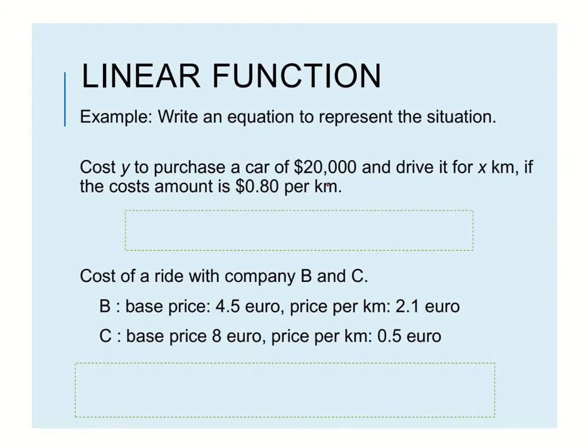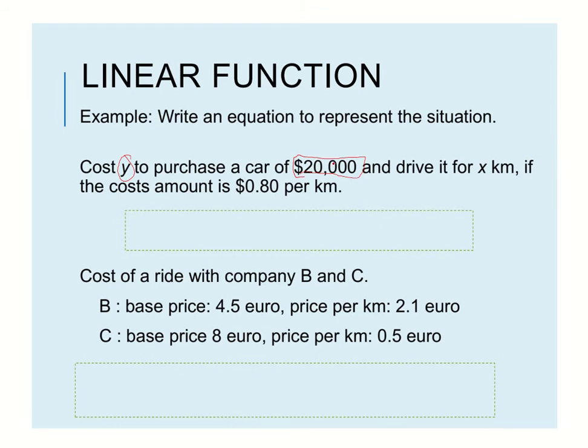Write an equation to represent the situation. The cost y to purchase a car of 20,000 and drive it for x km, if the cost is 80 cents per km. So y is the cost. If we purchase a car for 20,000, this is the cost for the car.